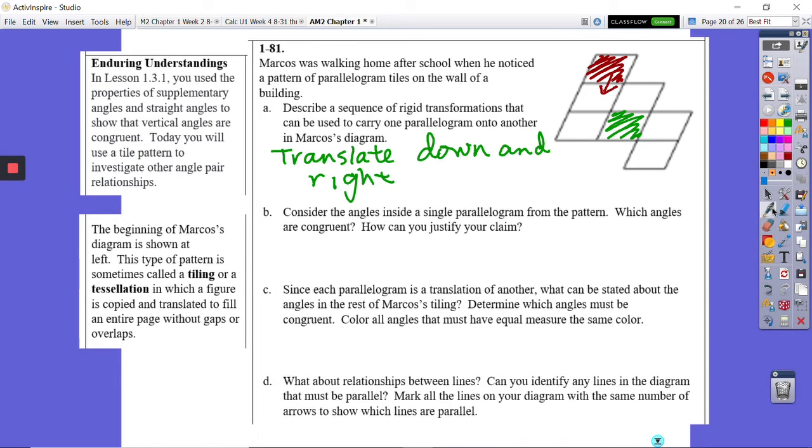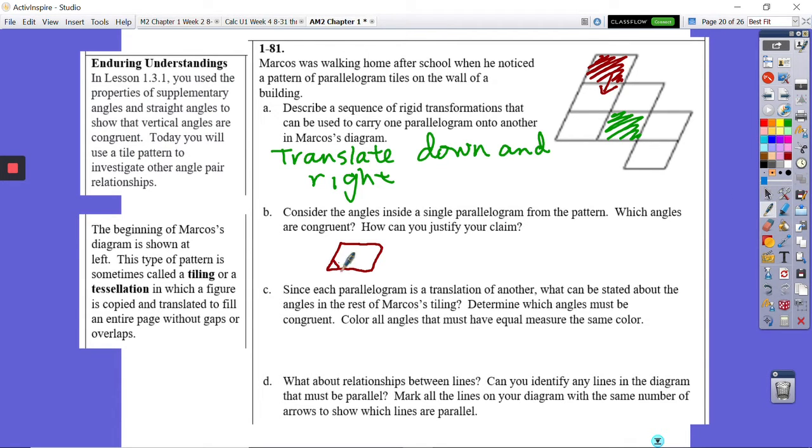I'm going to trace one. Pretend I did a better job. I can just move it. Okay, so which angles are congruent and how can we prove it?